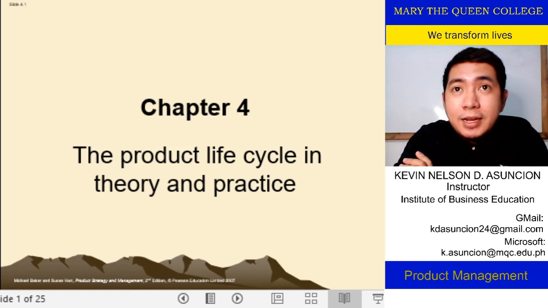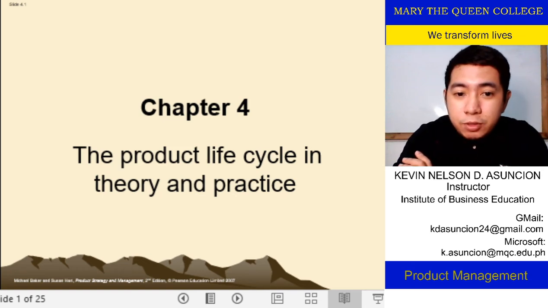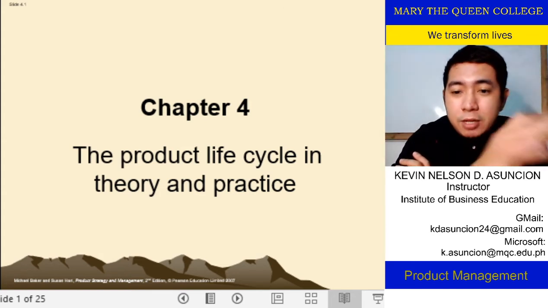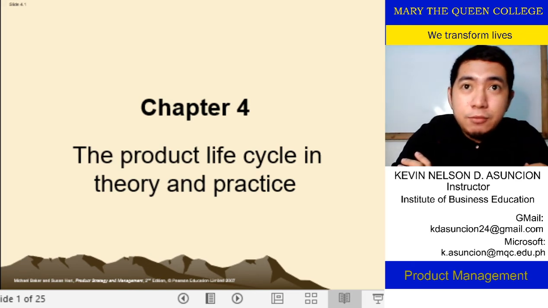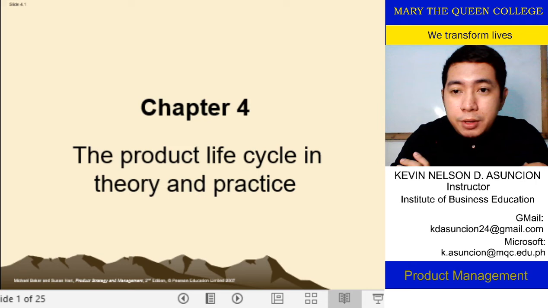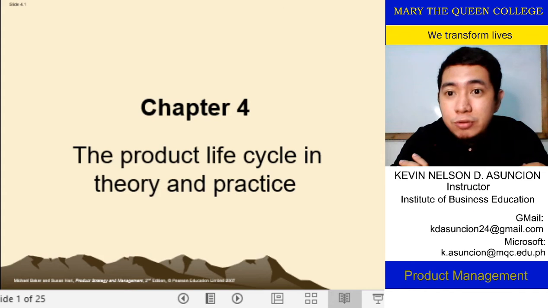We encounter different phases of life, and at some point we might be down. Today we'll be discussing the life cycle of a product, though it might not be a living thing. The product life cycle will be our tool for scanning what is happening with the product and what you should do next.